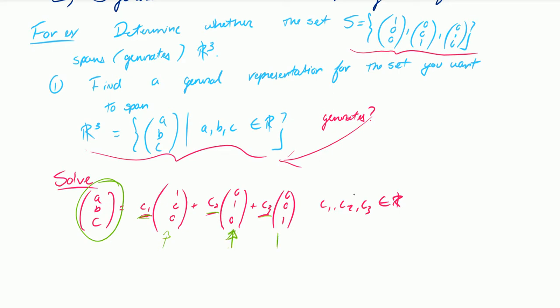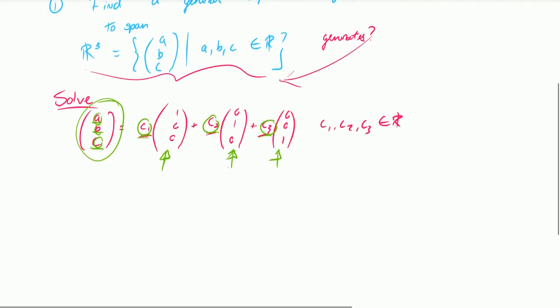So it might seem a bit too abstract, because in this case it's like you have 6 unknowns, right? You don't really know what A, B, C are, and you're trying to find what C1, C2, C3 are.